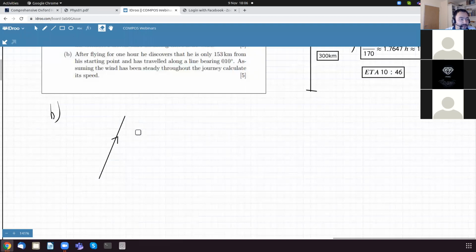Oh, I got this one wrong. 153 kilometers, and his bearing is... Okay. So this is the distance he has traveled.